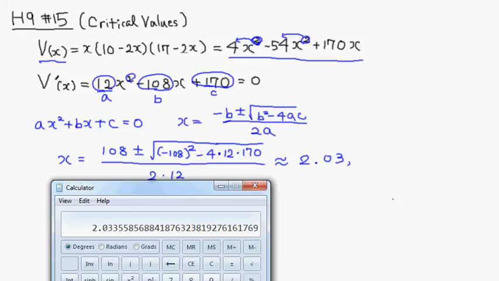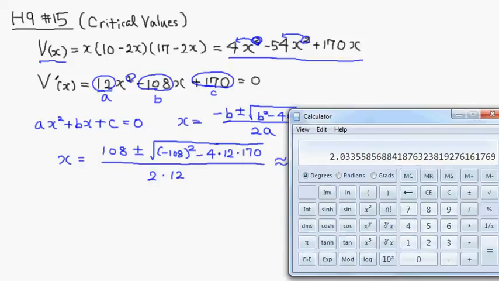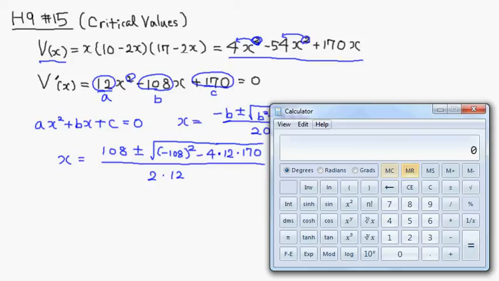Same thing, calculator coming up. Clean that up. It's going to be 108, and it's a positive one, so plus, parentheses, 108 squared minus 4 times 12 times 170, and then take the square root of that.